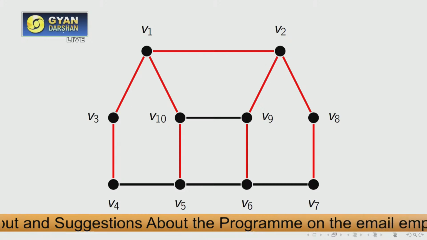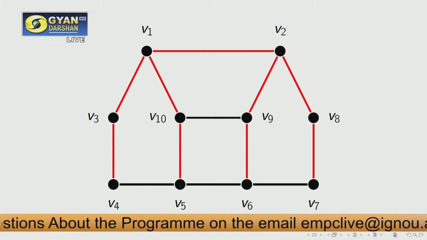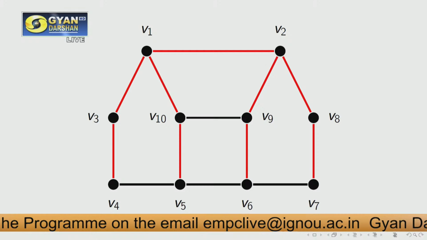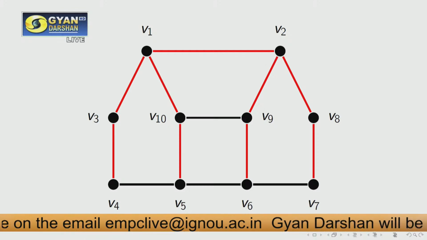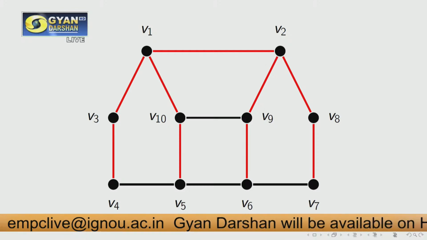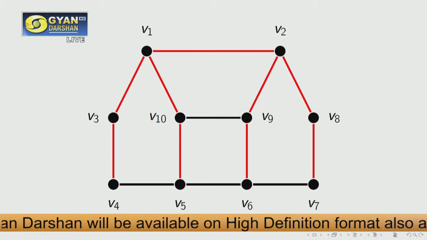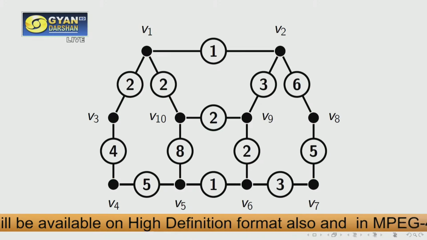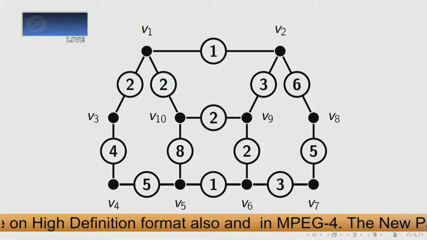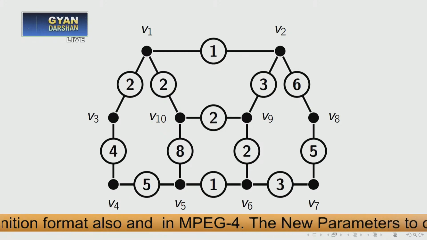So now this is a spanning tree, but the problem arises when the graph is equipped with edge weights. So let's look at the weighted version of the same graph. This is the weighted version. We have just assigned some arbitrary weights on the edges.